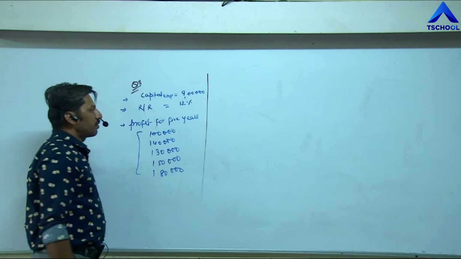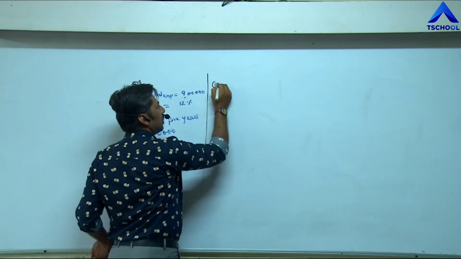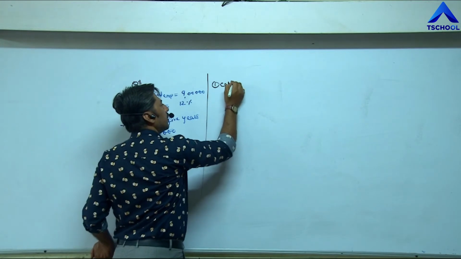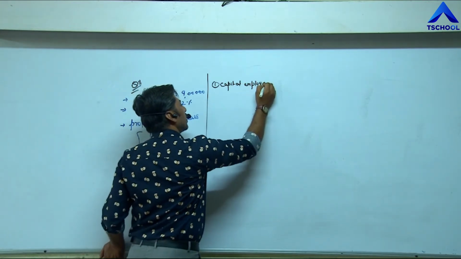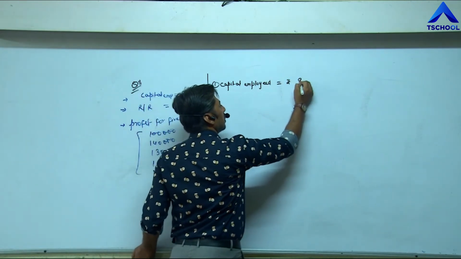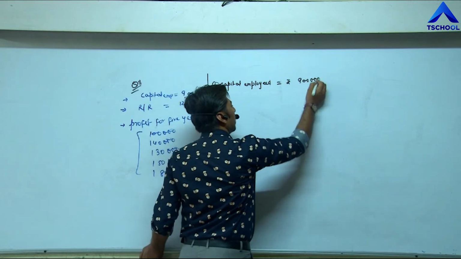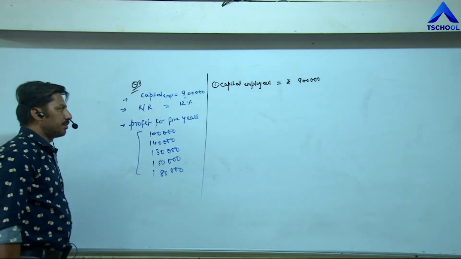First of all we have to find capital employed, but it is given. So write down: capital employed is equal to rupees 9 lakh. First step completed.